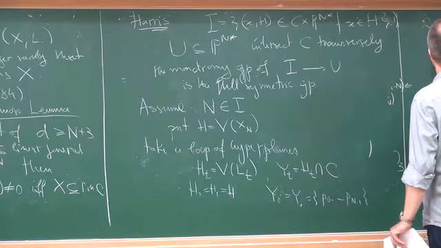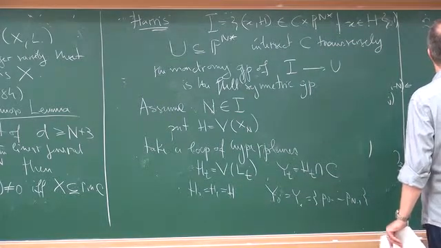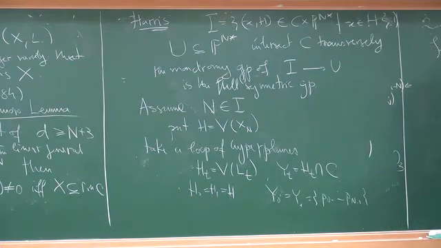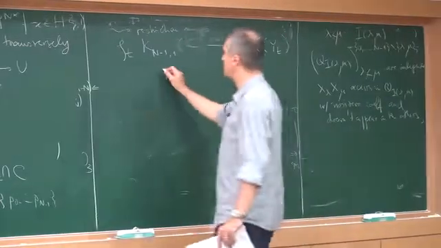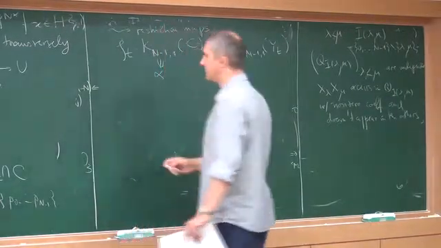Put rho_t from K_{n-1,1}(C), which are isomorphisms, to K_{n-1,1}(Y_t). And our alpha lives here.